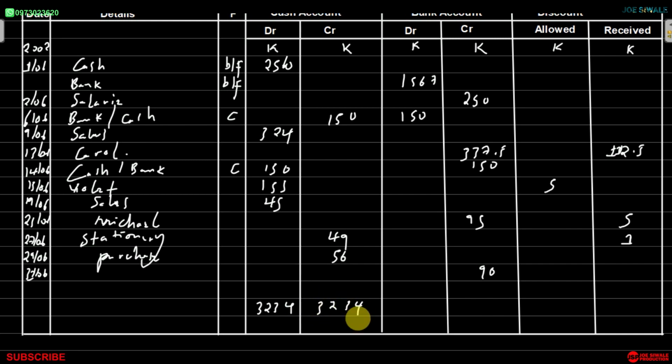So here we're supposed to calculate the balance carried down, and this is recorded at the end of the month, so the 1st of June. So we're going to say 3,234 minus the total of the credit side, and the total of the credit side is 255.